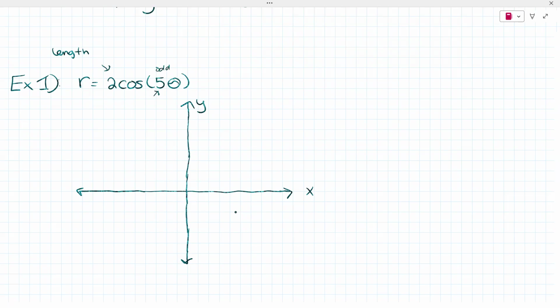The length is 2, and 5 petals would look like this.